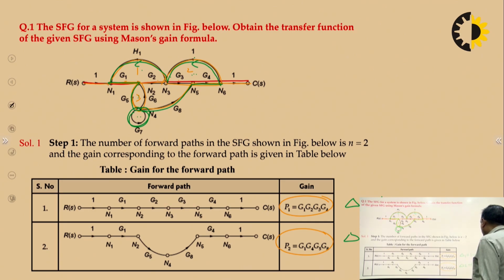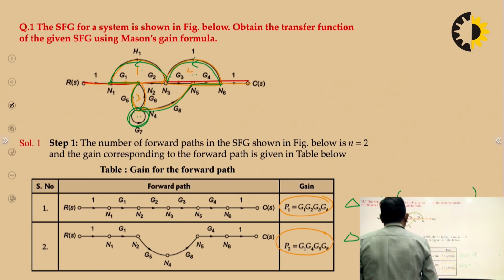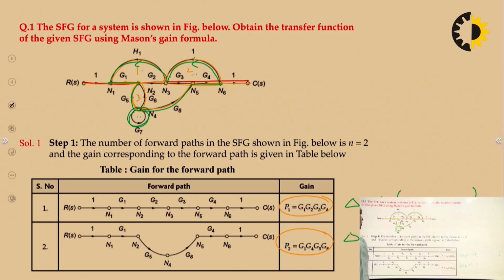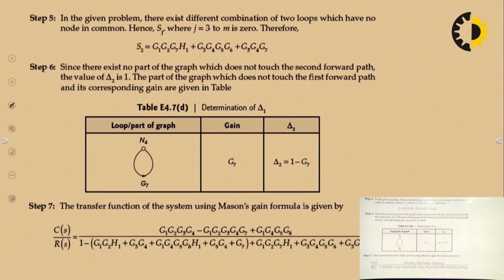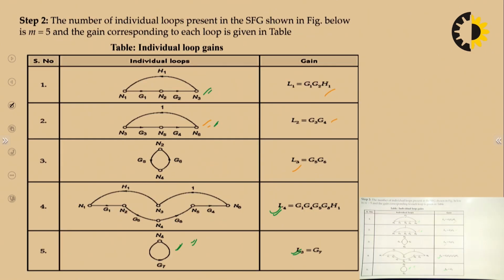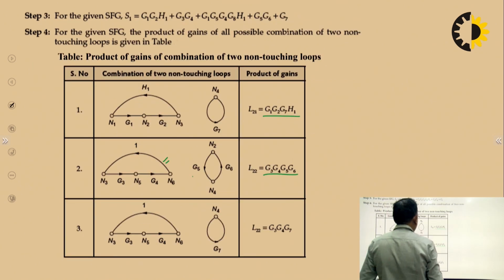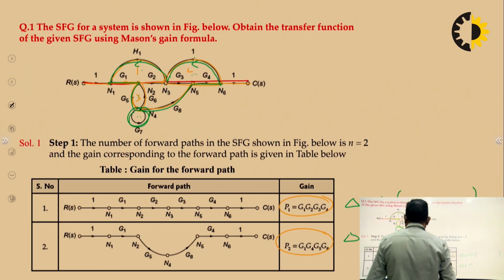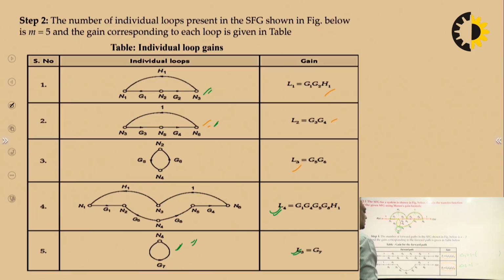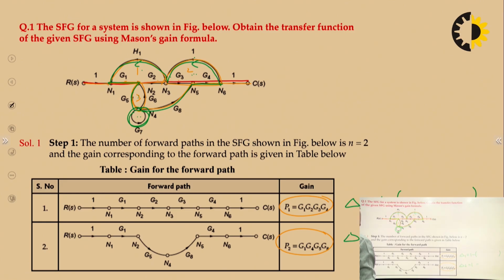We check whether any loop is not touching forward path 1; if there is, we subtract it. In our case delta 2 is 1 minus G7, and all other loops are touching forward path 1. So we have P1 delta 1 and P2 delta 2.